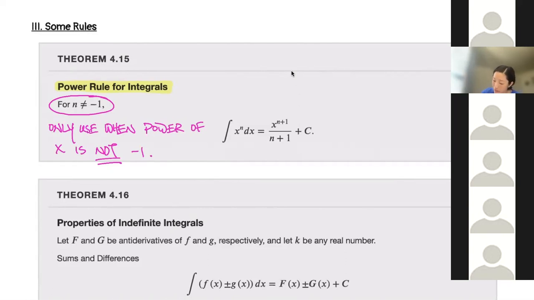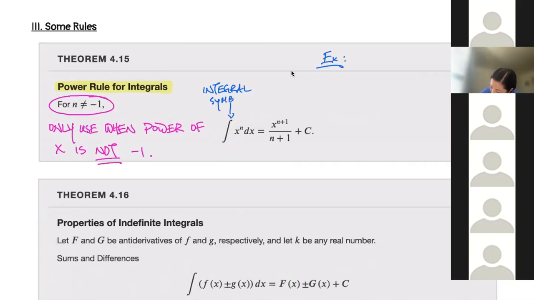And so if we do a few quick examples here, the rule looks very intimidating, but let's do this. This is a new symbol for us too, so I want to take some time to talk about this symbol. That symbol is called an integral symbol.